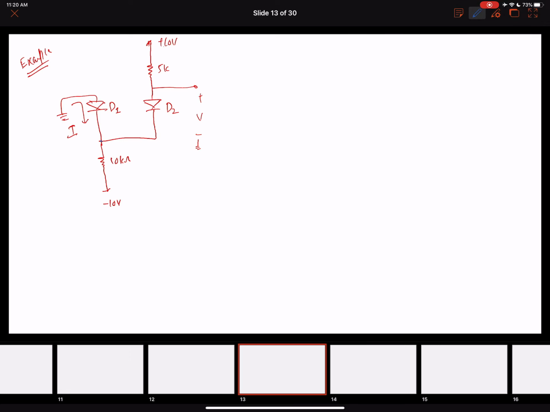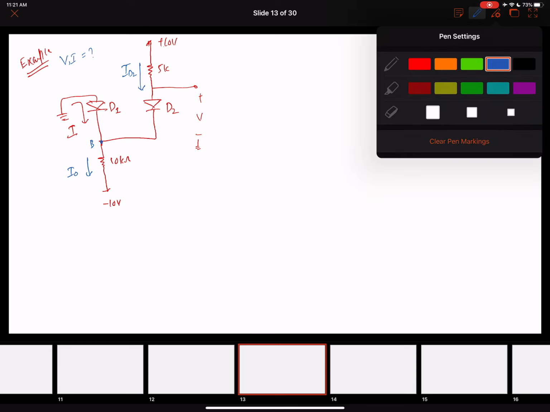I will do exactly the same thing. I'm going to call this node B, this current I naught, and the current flowing through over here ID2. And we have to find V and I values. Okay, so everything is given. Now let's start the solution.